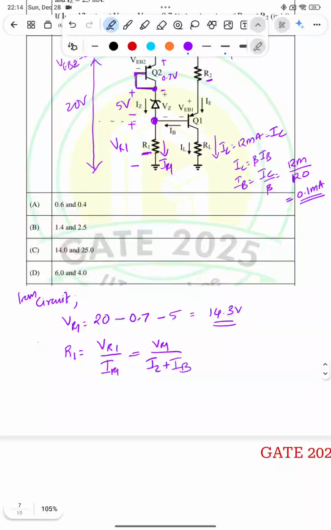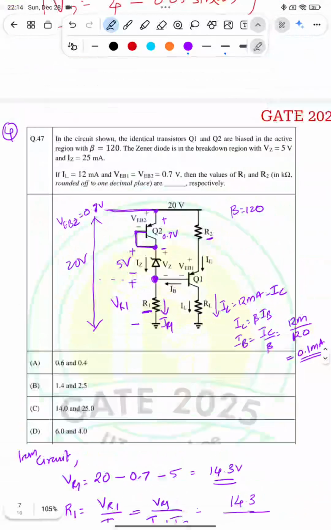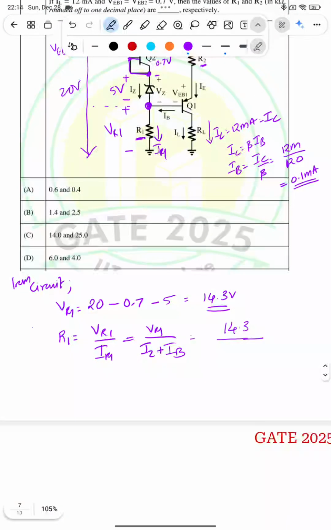So if I substitute here, I will substitute VR1 as the voltage we have derived, right? We have derived VR1 as 14.3 volt, and given IZ is 25 milliampere, plus the IB is 0.1 milliampere. Okay, so it is like 14.3 by 25.1.